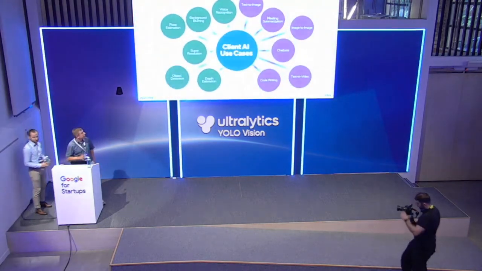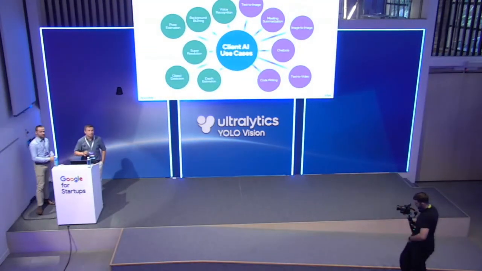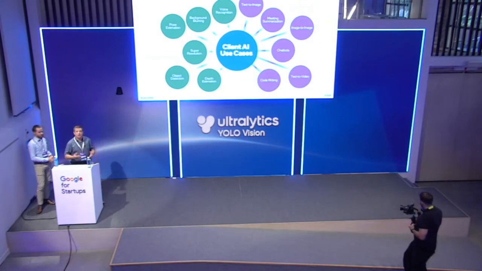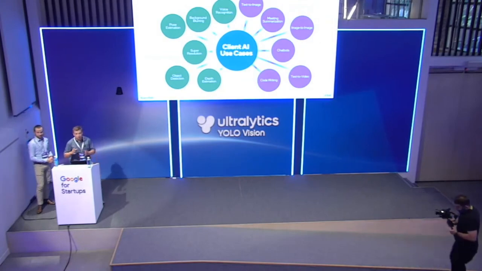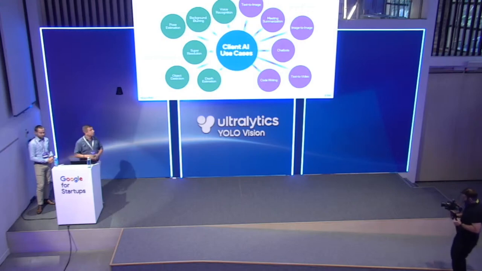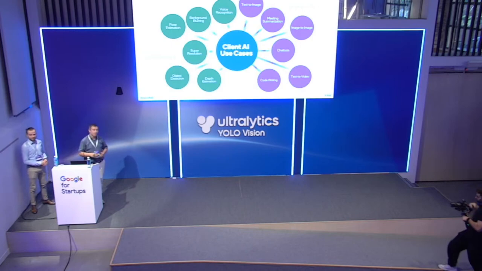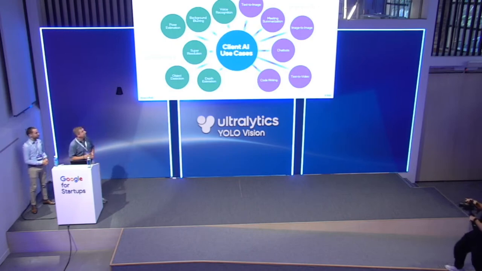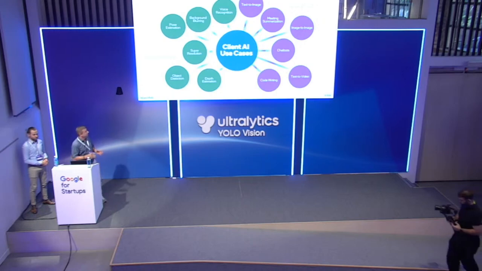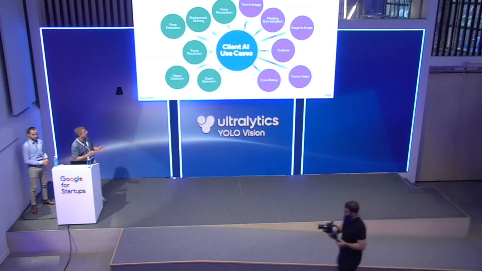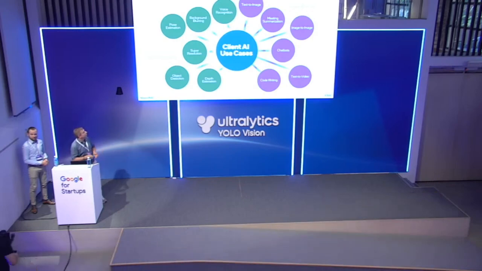So first of all, on the screen you can see multiple AI use cases which are relevant for client computing, for the PC. And here we have two categories. First category is conventional AI or traditional AI, and another category is generative AI. Traditional or conventional AI has been here for many years, and you are, I believe, familiar with use cases like pose estimation, object detection, voice recognition, and so on.